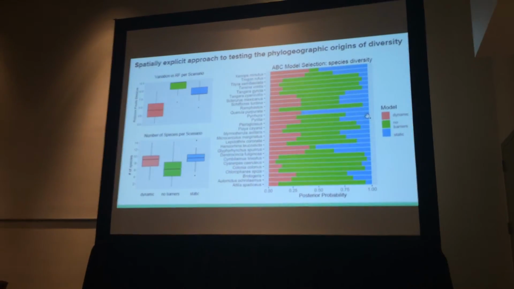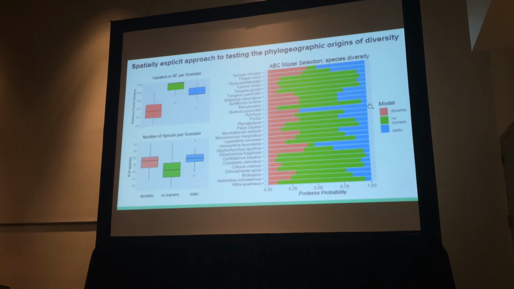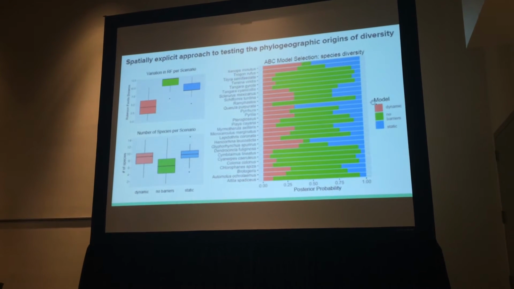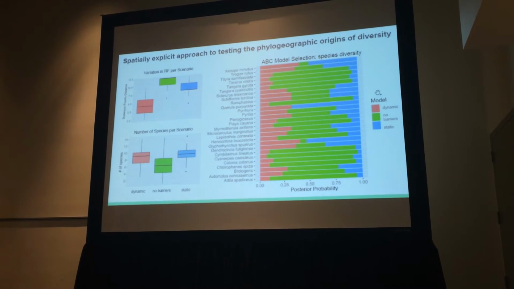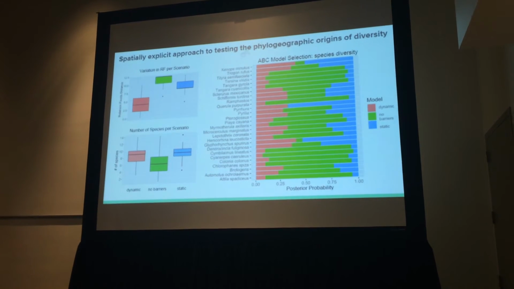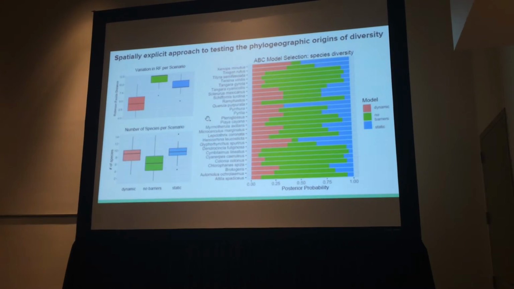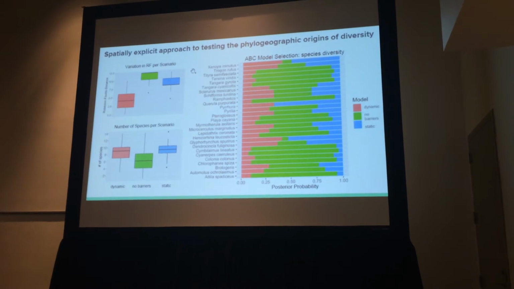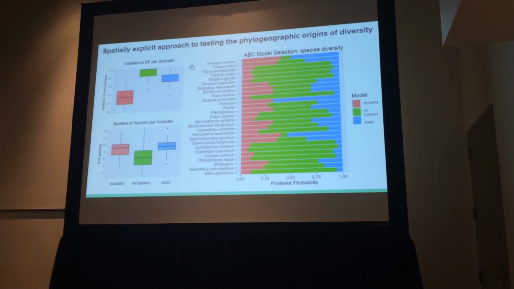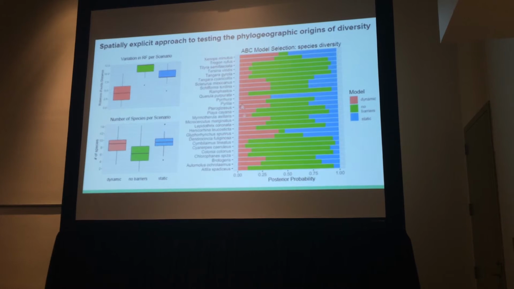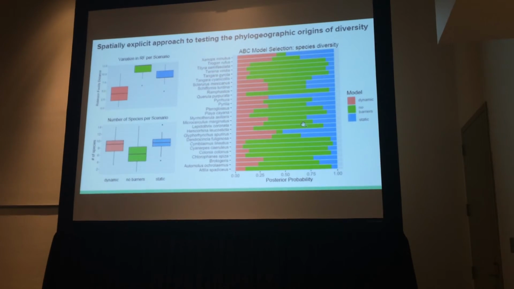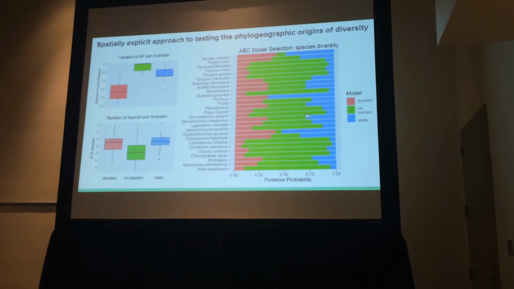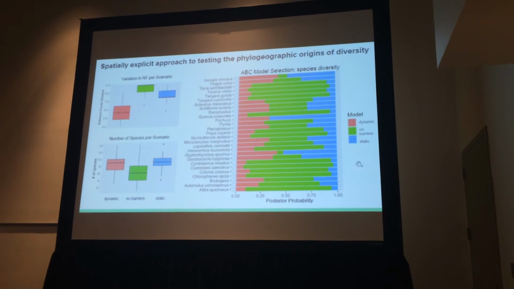Lastly, we used ABC model selection and examined which model had the highest probability of explaining the diversity within each of these rainforest bird lineages, as shown on the y-axis. On the y-axis are all the bird lineages that we have empirical data for. A pattern that's clear in this graph is that there is considerable variation in the probabilities of the different models across the species.